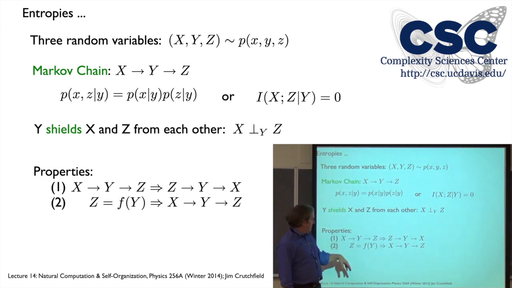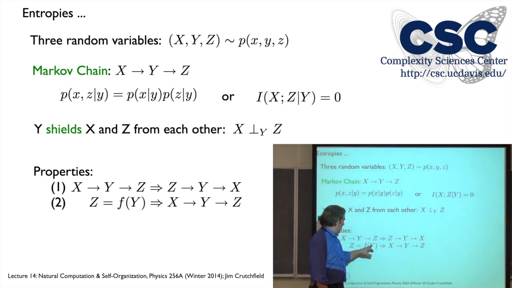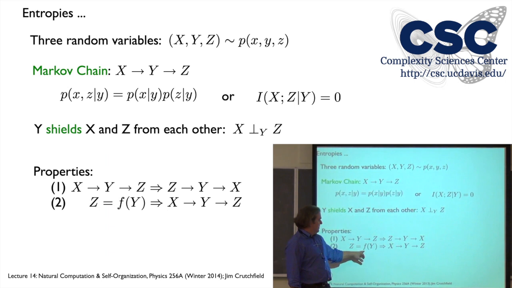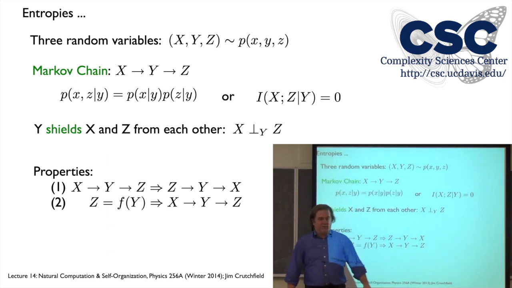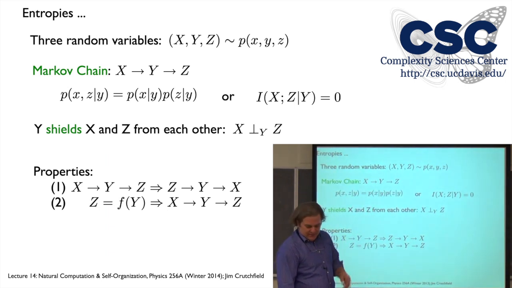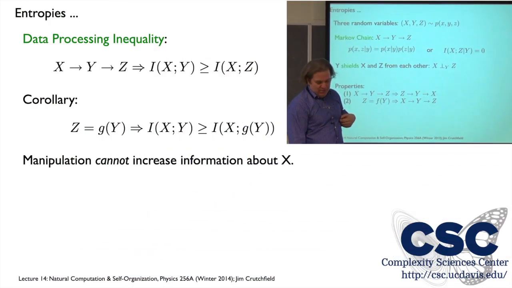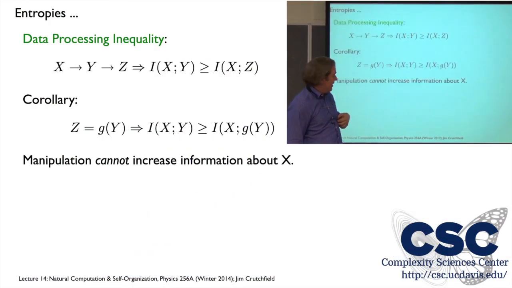If in this chain I have 2 random variables, but the third one is a function of y, then I'll also have a Markov chain, which seemed kind of contrived except for one interesting and often used property called the data processing inequality.